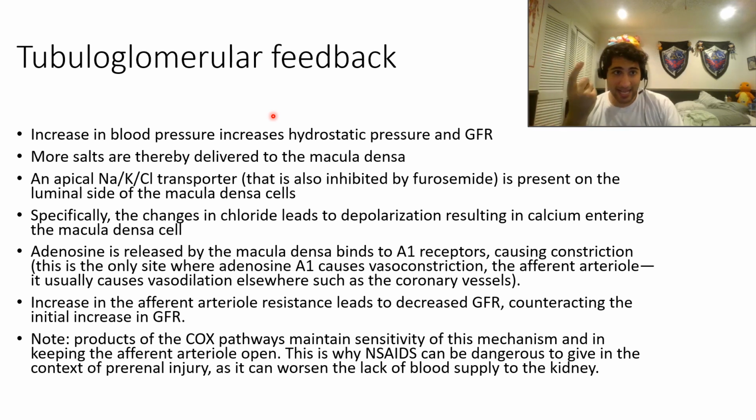The sodium-potassium-chloride pump in the ascending limb is on the luminal side of the macula densa, and it's sampling what's in the lumen. The increased chloride now being delivered leads to depolarization, resulting in calcium entering the macula densa cell. And adenosine is released, and that binds to A1 receptors and causes constriction of the afferent arteriole.